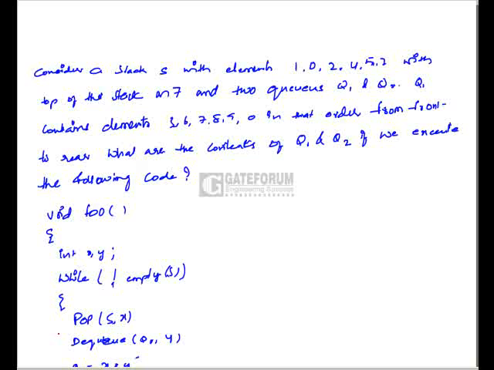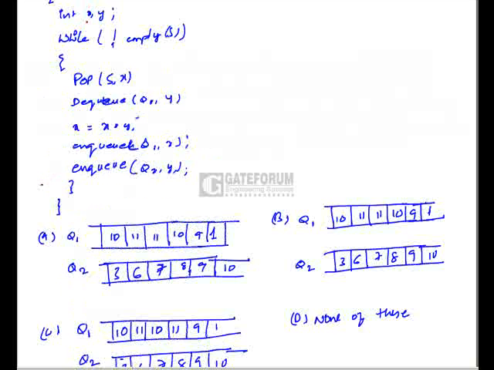And here one code is given, and if we execute that code, we have to find the contents of Q1 and Q2 after executing the given code. In this code, x and y are declared as integer variables.